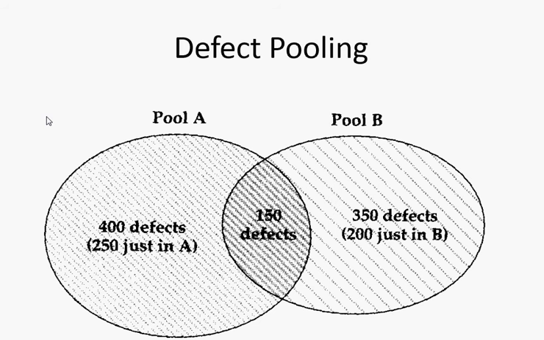This is the number of defects found by Team B per common defect found. So how could we use that to estimate the total number of defects?